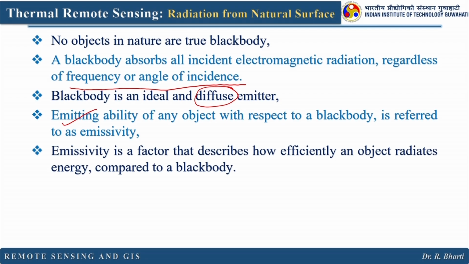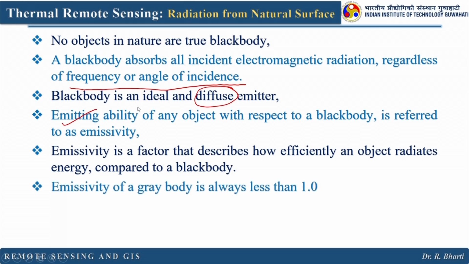So emissivity is a factor that describes how efficiently an object radiates energy compared to a black body. In other words, the meaning is the same. Emissivity of a gray body is always less than 1. So again, if you just remember reflectance, where we have the range of 0 to 1, again when we are talking about emissivity, the range is 0 to 1, because we are dealing with gray bodies, not the black body.